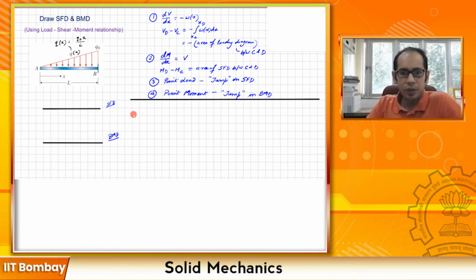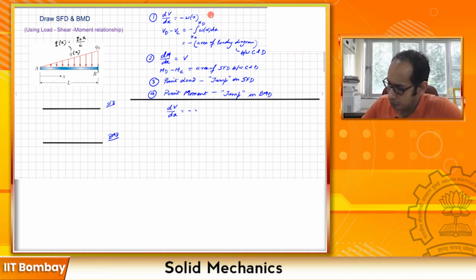So for the shear force diagram, we are going to start with the relationships. We have this first relationship which we looked at over here, that dV/dx, let's write the general form first and then the problem-specific one, is minus of w, which is a function of x.